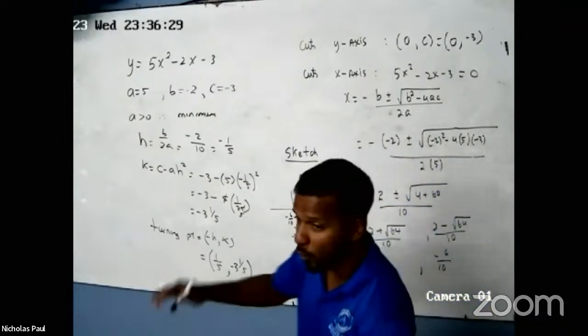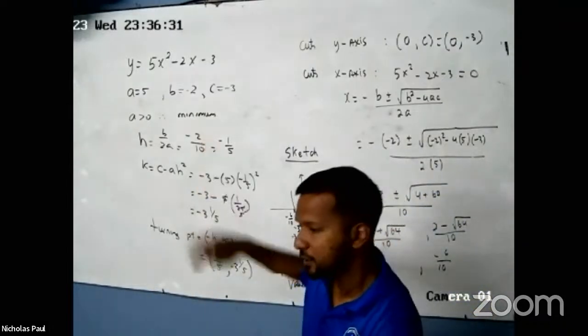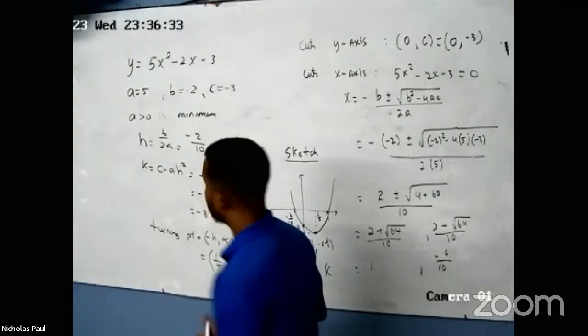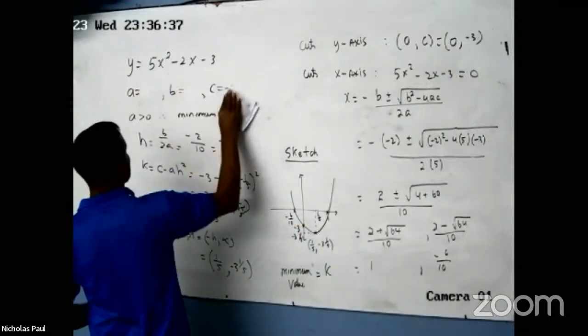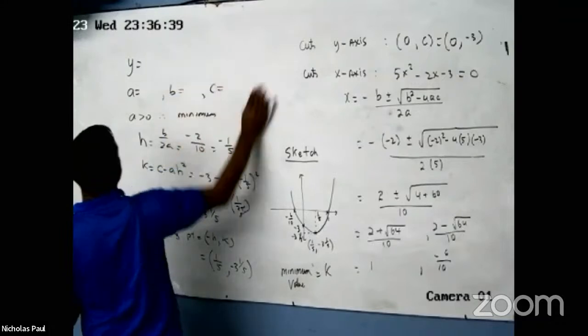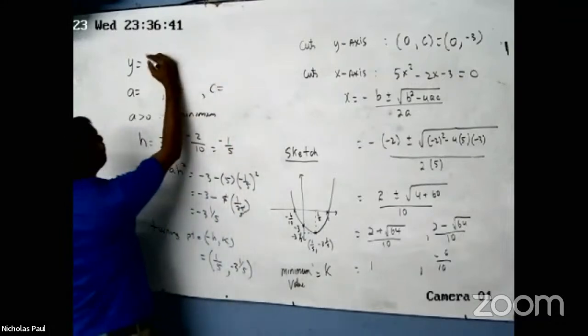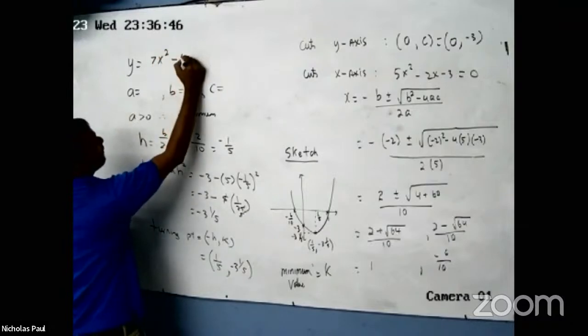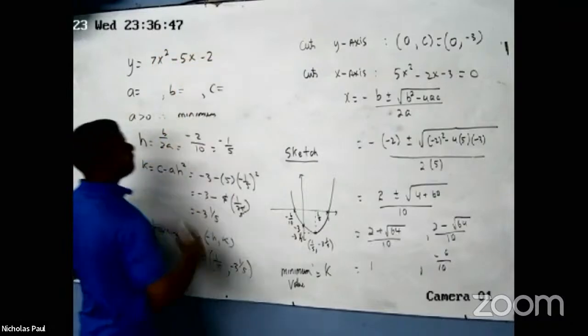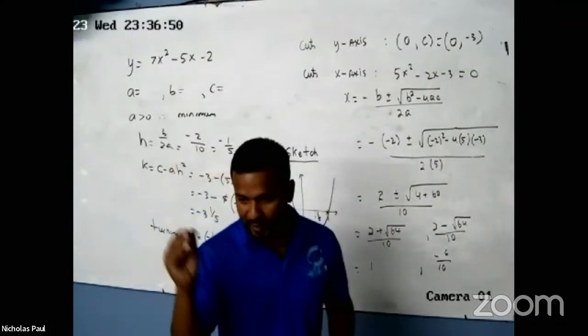So what I want you to do, I'm going to give you one here. I want you to solve the quadratic here. Same steps, just change A, B, and C. We sketch it too. Yes, sketch it too. Plot it and then connect it up.